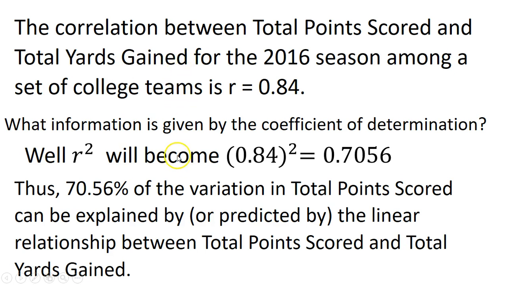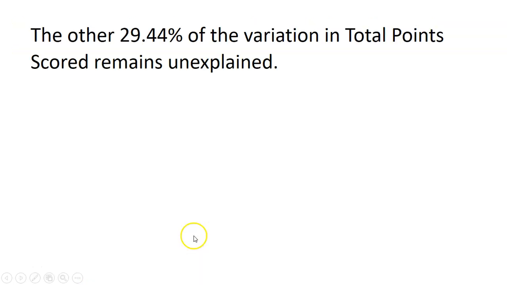Basically what you're saying is 70%-ish of the data can be explained by a linear relationship. Not all of it, but 70% of the data can be explained between total points scored and total yards gained.